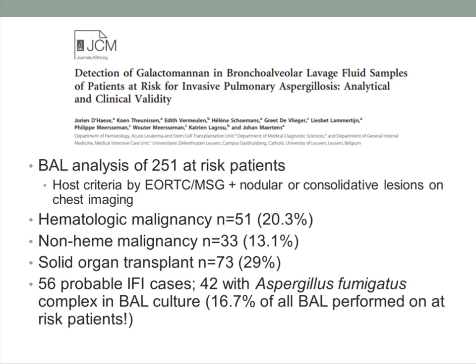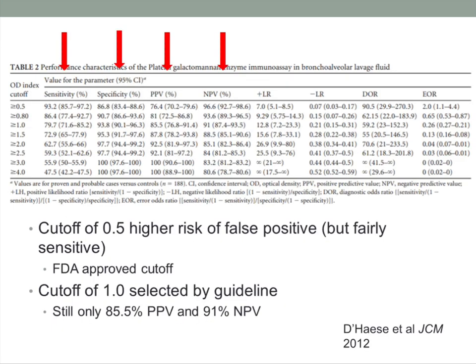So the yield isn't great, but when they started looking at the Aspergillus galactomannan assay to increase the yield, they looked at each of the different cutoffs. You can see in the first column the sensitivity at a cutoff of 0.5, which is the FDA approved one. Great, 93% sensitivity. The specificity, not as good, 86.8%.